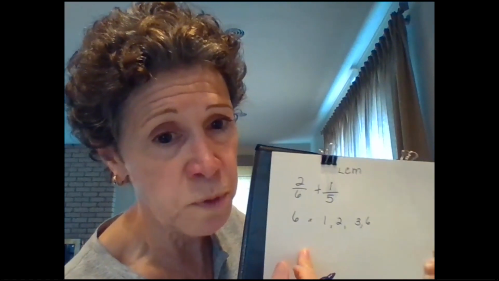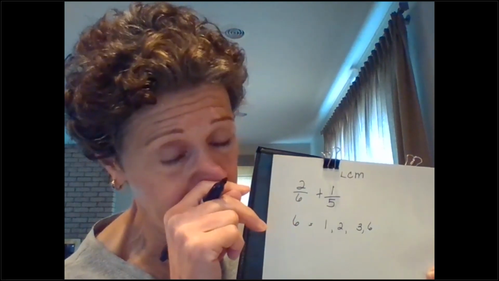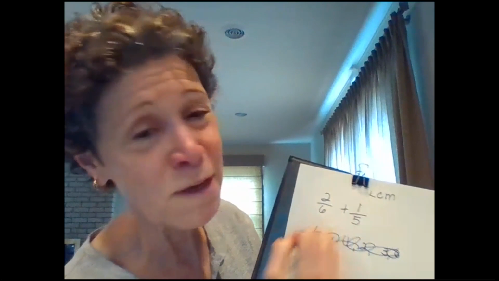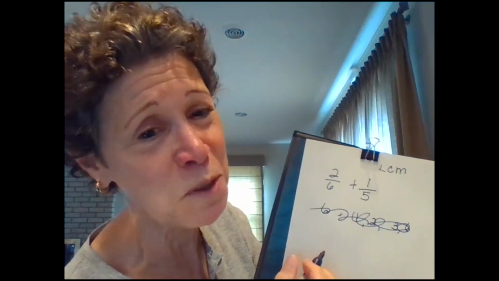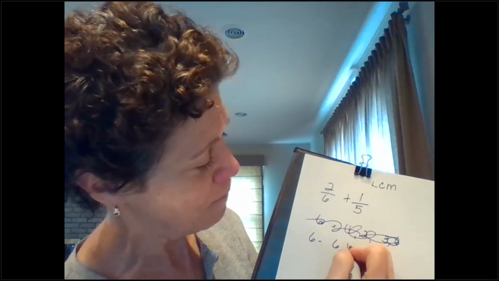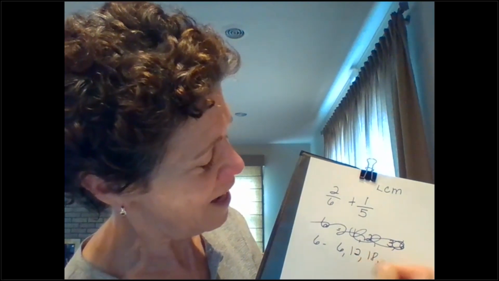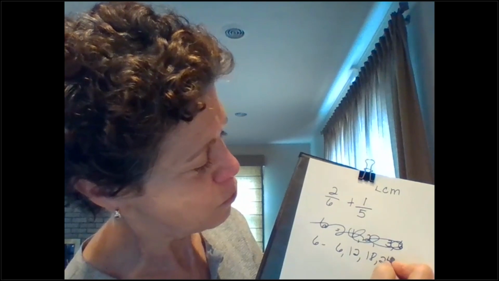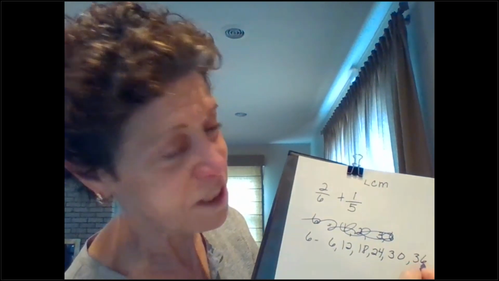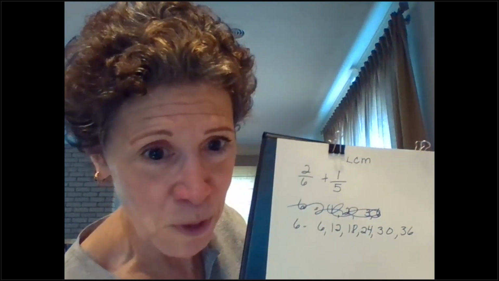Those are the only multiples of, I'm sorry. Whoops! I'm giving you greatest common factor. Let's do multiples of 6. Sorry about that. Okay, 6. So I have 6, 12, 18, 24, 30, 36. Sorry about that. I just had a little brain freeze there.